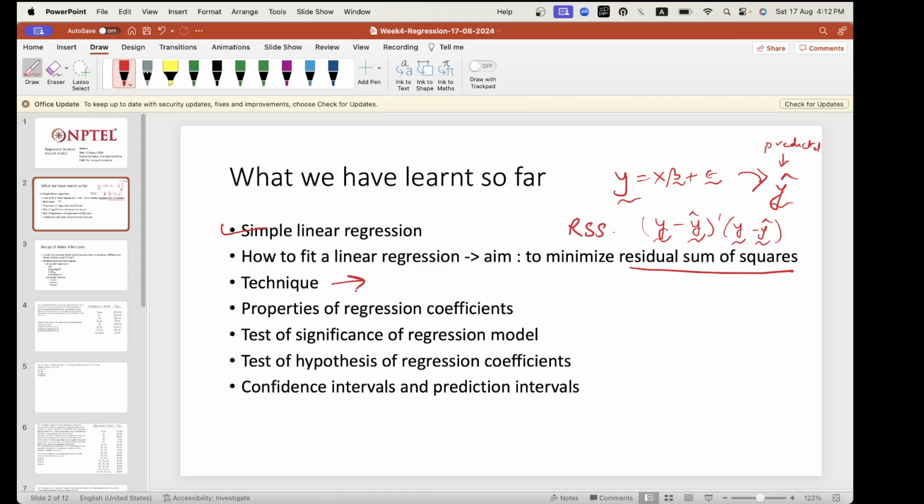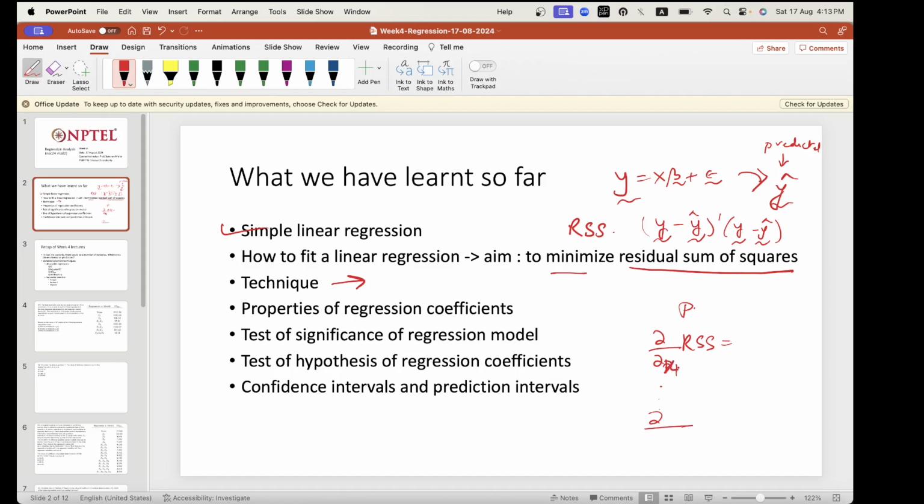What is the technique? Do you remember what the technique was? We used minimization, plain and simple minimization technique. So if we had, let's say, p unknown parameters, we differentiated this residual sum of squares with respect to each of the p parameters.